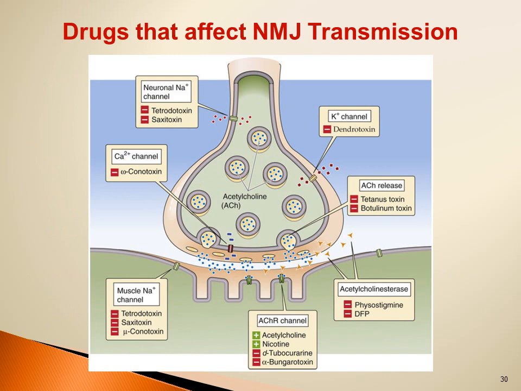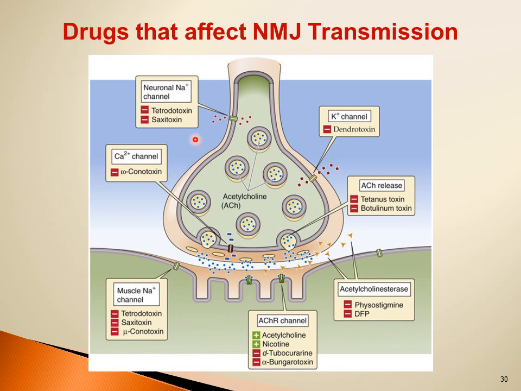Now let's talk about some drugs that affect neuromuscular transmission. Some drugs will block neuromuscular transmission while other drugs will enhance it. Among the common drugs or toxins, we can see here the toxins that inhibit acetylcholine release: tetanus toxin and botulinum toxin.